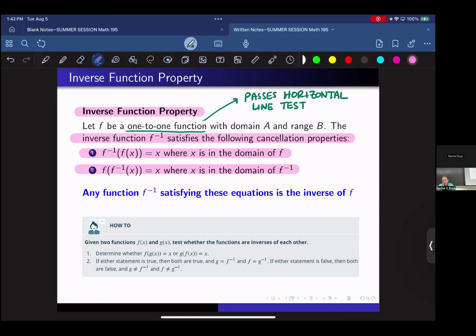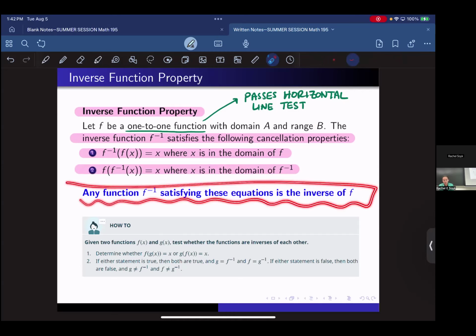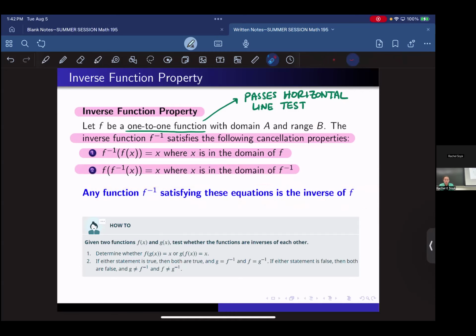So any function f inverse satisfying these equations is just simply the inverse of f. And so down here it goes into a little bit more detail, but if you're able to compose f of g of x or g of f of x, and one of them is true, then both of them are true, and we have that f and g are inverses of one another.